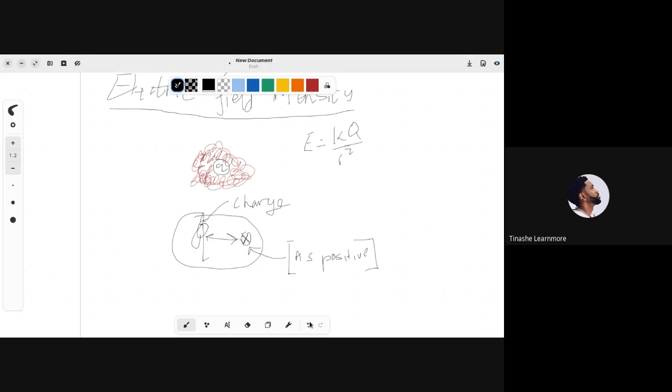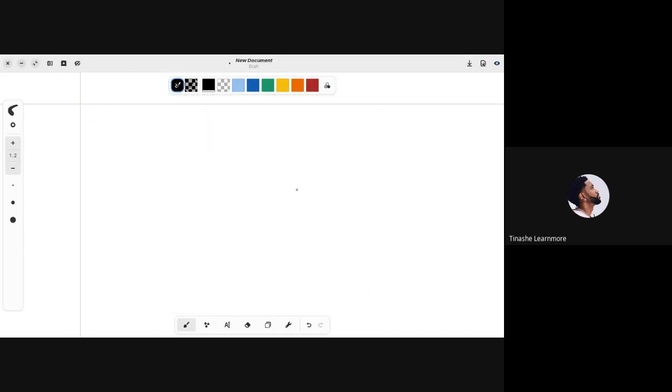Let's actually take a question. Let's suppose we have charge Q1 and charge Q2. You are told that these are 1 meter apart.